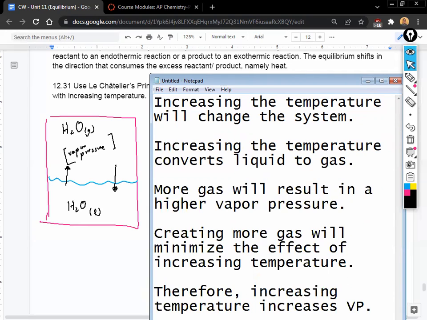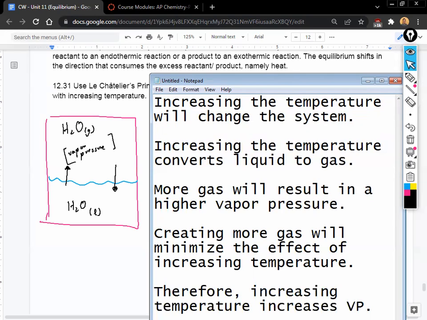When you heat up a liquid, it's naturally going to want to turn into more gas. And if there's more gas, there's going to be more vapor pressure. So the liquid is naturally going to vaporize more in order to prevent the change in temperature from making a bigger change. Because if the liquid didn't do anything, what would happen if you increase temperature?